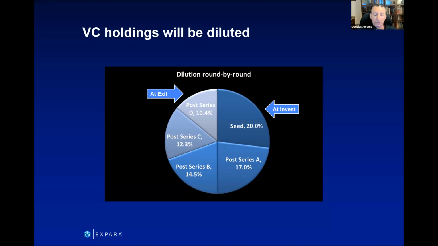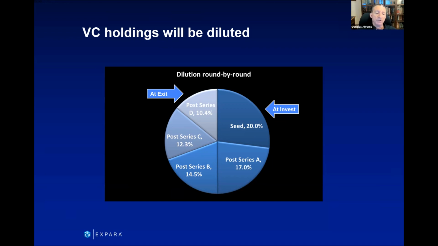Now, you can also see, though, the Series D investor wouldn't get diluted at all because they're the last round before exit. So their VC method valuation would just be equal to their exit valuation divided by their required return, and then no adjustment for dilution.